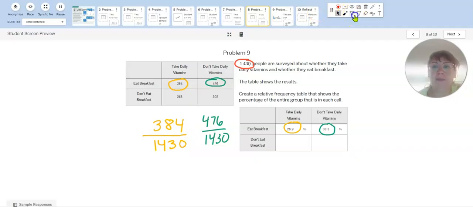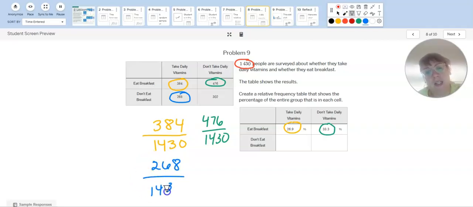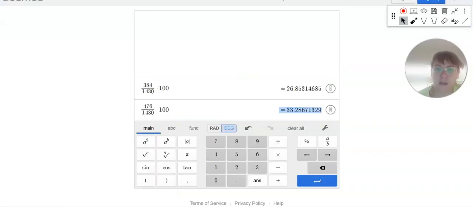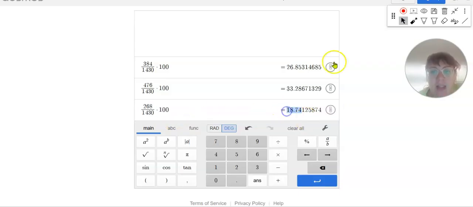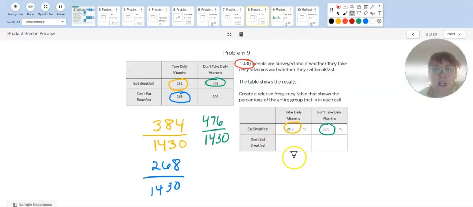Perfect. Down below we have 268, and we're going to take that number of 268 and divide it by 1430. And then click next to it, multiply by 100, get 18.7 here.